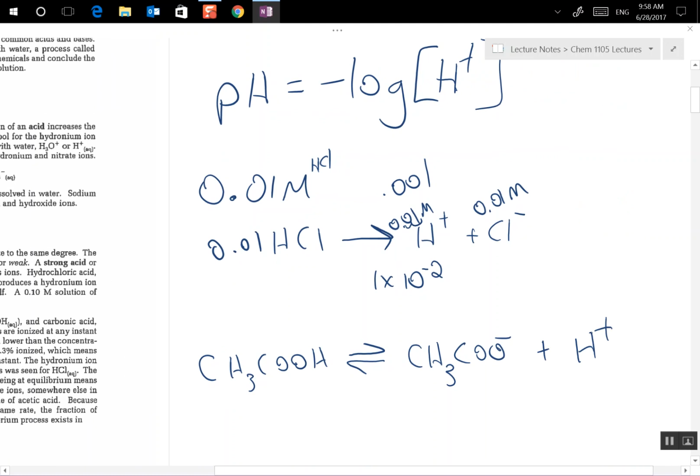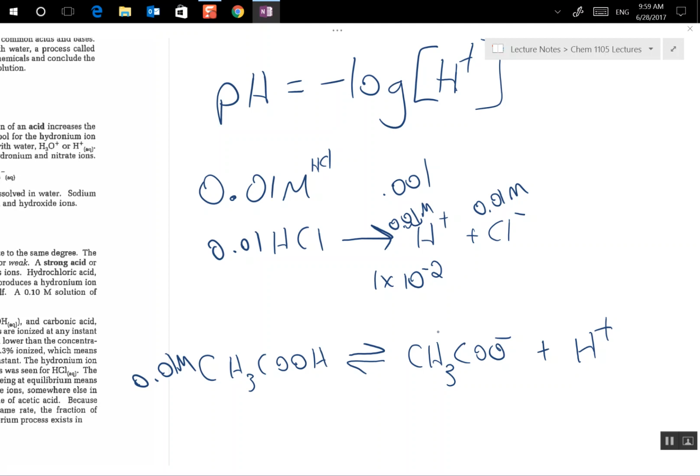So acetic acid does not donate 100% of its ions. If it's 0.01 molar, then it is not 0.01 molar H plus, because it doesn't pull all of the hydrogens off. Some of them come off, but then some of them go back on. They go on and off in equilibrium.